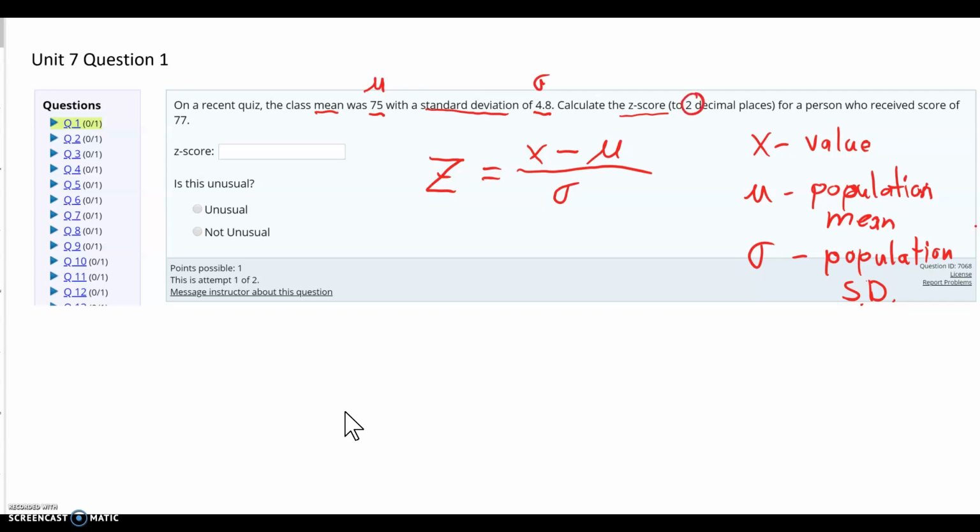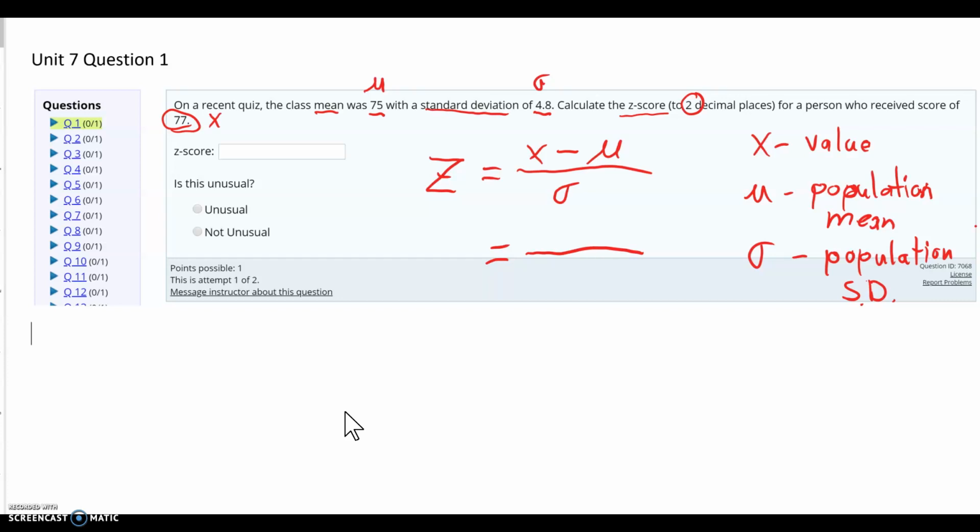Calculate the z-score to 2 decimal places for a person who received a score of 77. That's my x. All right, so let's plug all these numbers into the formula. So this is equal to, let me put my division bar. Remember, when you have the subtraction in the numerator, you have to do that first.